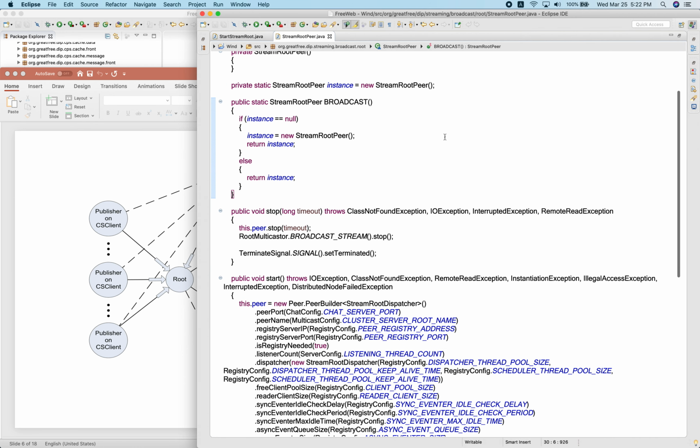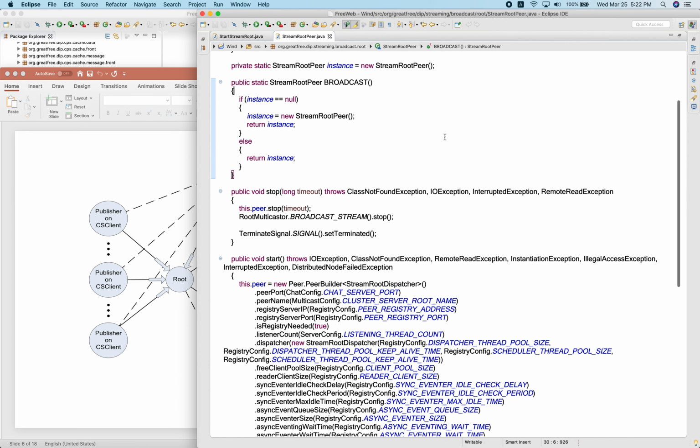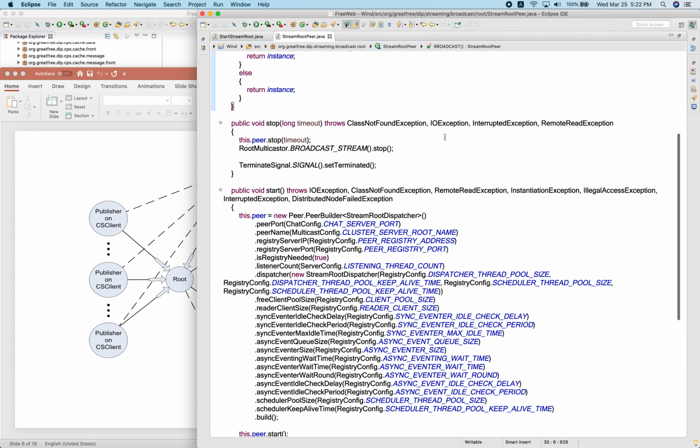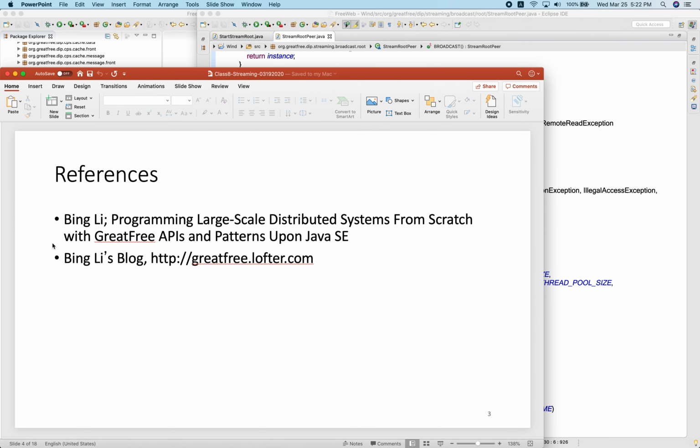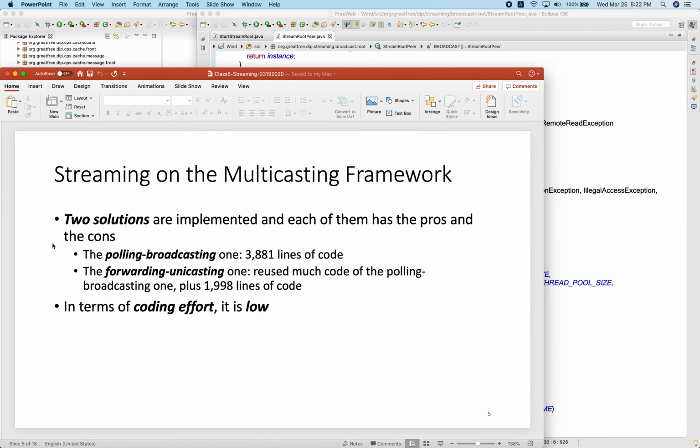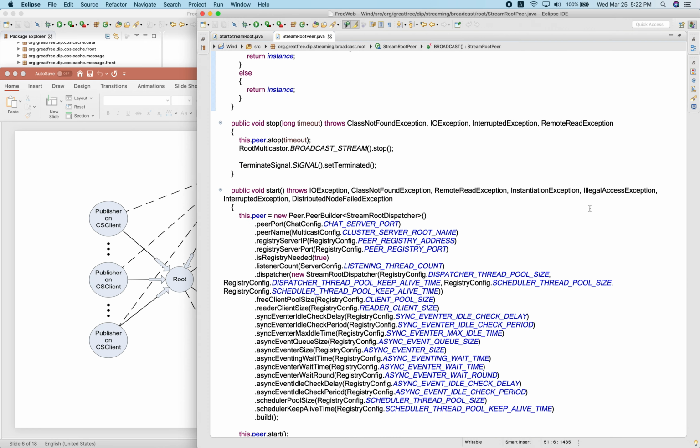This code is easy to understand because we have already talked about that in a previous class, class 7. This should be class 8, right? We already talked about multicasting.